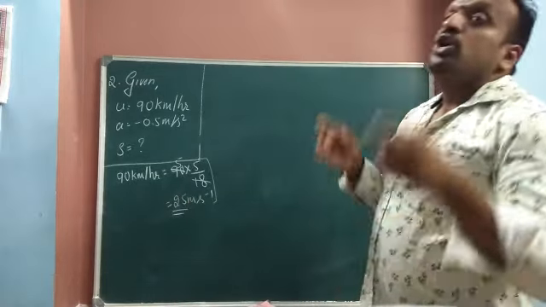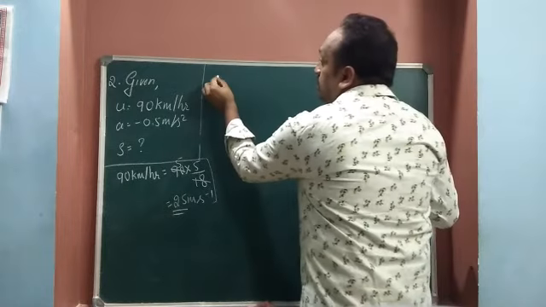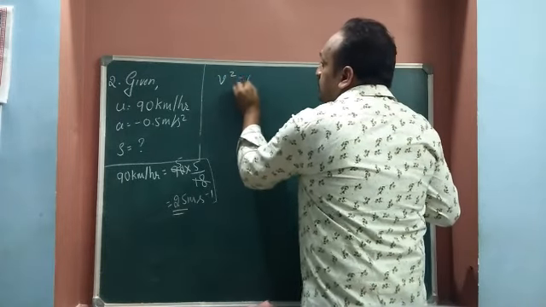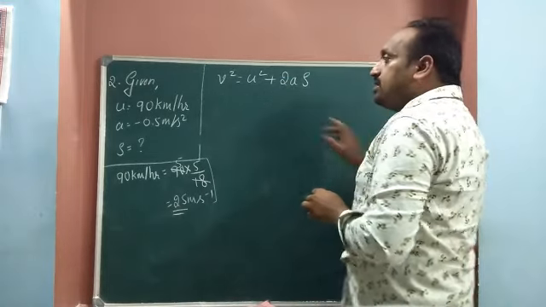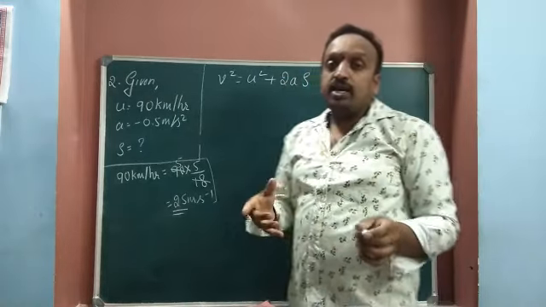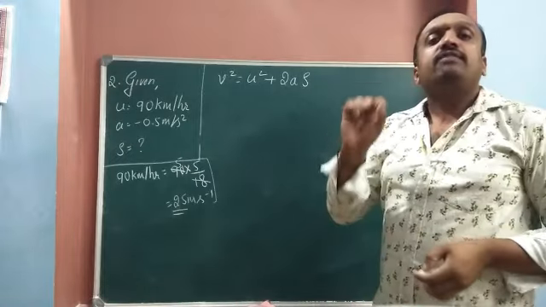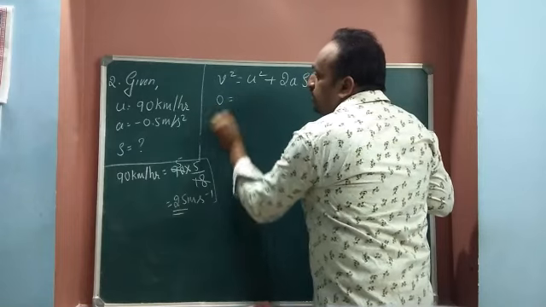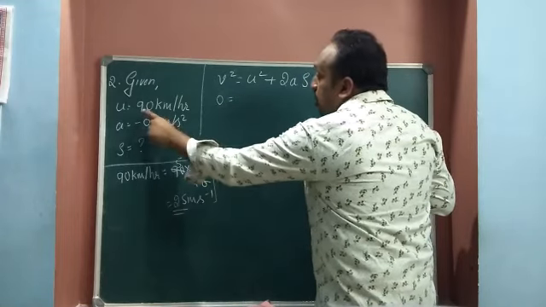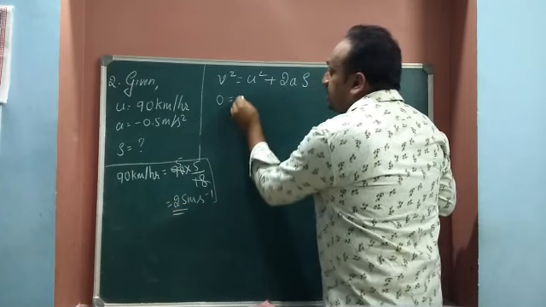Let's find the value using one of the equations of motion. v square is equal to u square plus 2as. Here v becomes 0. Why? In the question itself they have given the train will come to rest, then v becomes 0. So 0 is equal to u, which is not 90, it is 25.